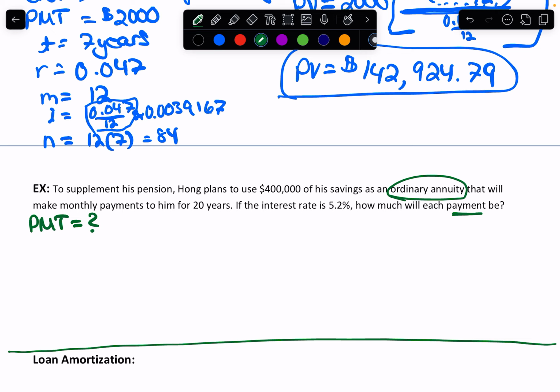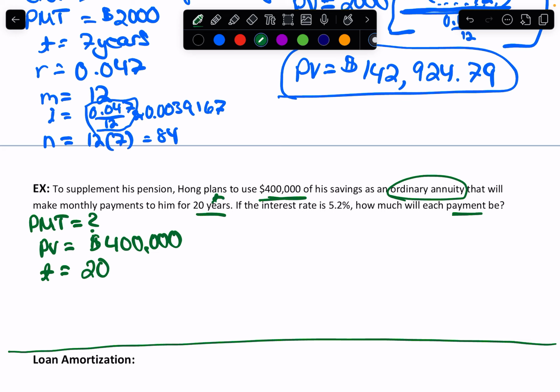Let me check whether it is on the formula sheet. PV is the present value, $400,000, and our T is 20 years.